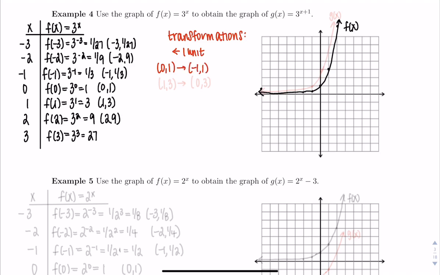If I look at the point (1, 3), it's now going to be moved to (0, 3). And so from these 2 points, you should get an idea of what your graph's going to look like. So I have the point (negative 1, 1), and I have the point (0, 3). So we have something that looks like this.